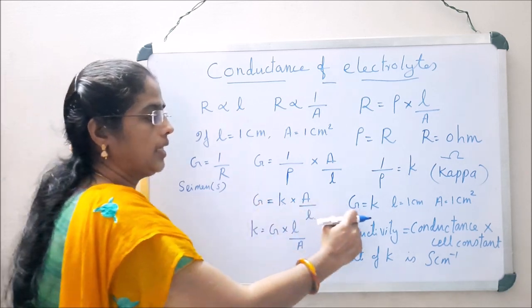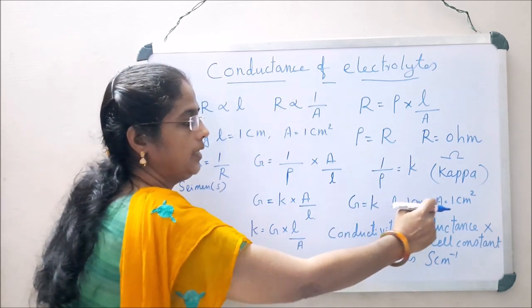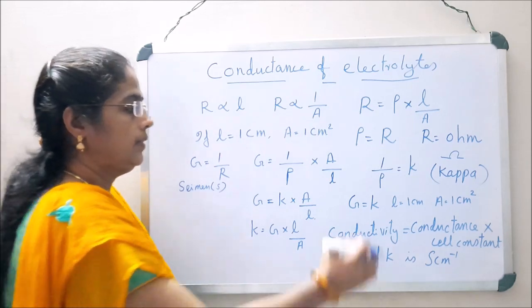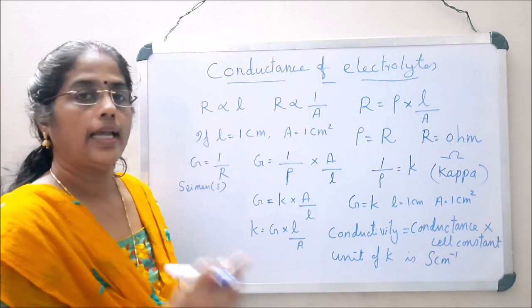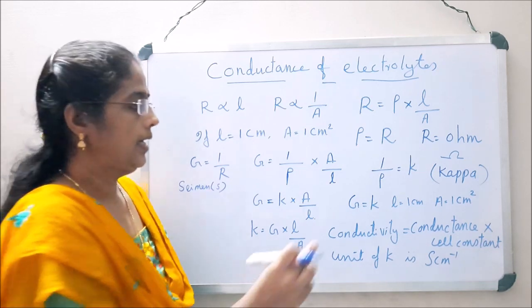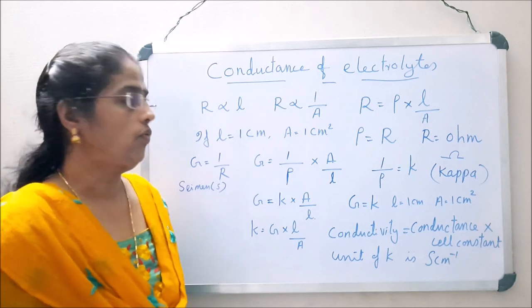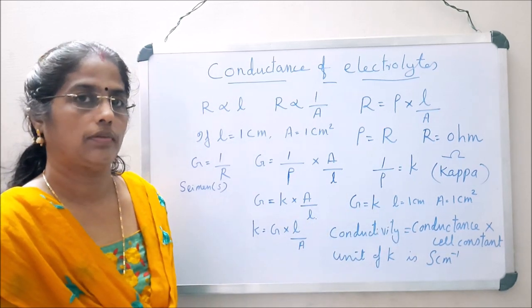Then G becomes equal to kappa when L is equal to 1 centimeter and A is equal to 1 centimeter square. Then this kappa or conductivity can be defined as the conductance offered by a conductor of unit length and unit area of cross section.